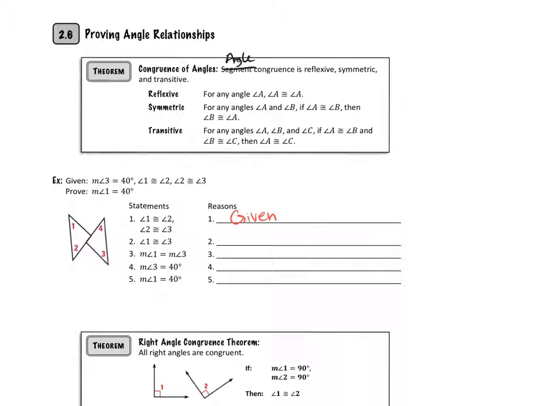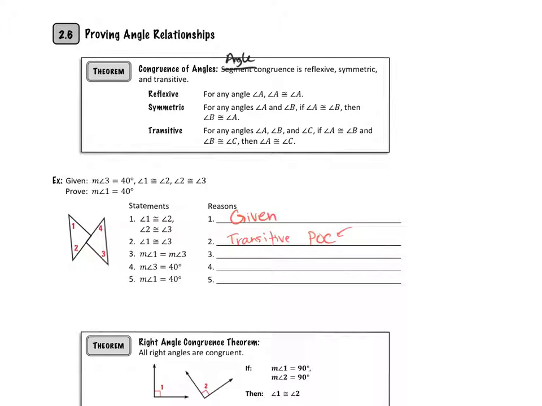And so using our transitive property of congruence, I can make the second statement because both angles 1 and 3 are congruent with angle 2, therefore they are congruent to each other. And remember, this is a property of congruence for congruence. This is a property of congruence, not a property of equality.